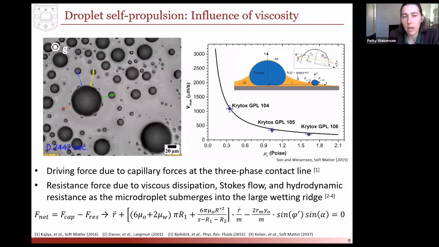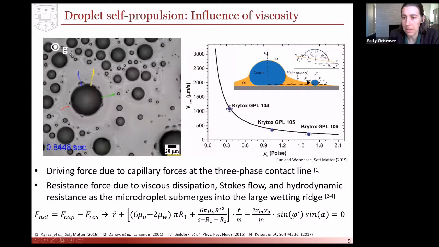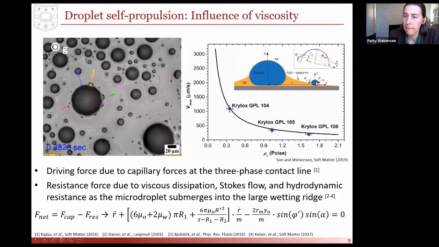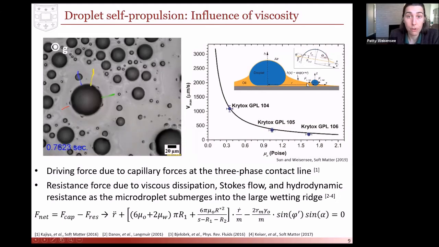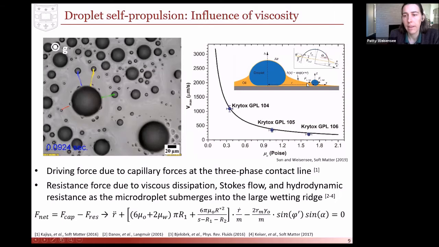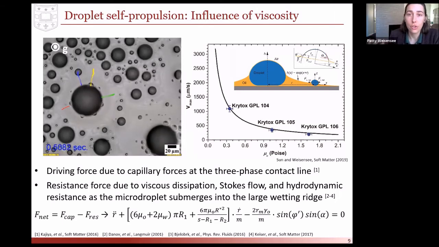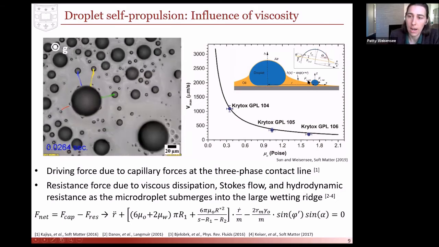And if we take our hypothesis and try to model that, so we say we have a small droplet sitting in the influence area of a meniscus around a larger droplet, it'll experience the capillary force towards the larger droplet. And then it'll have viscous dissipation, Stokes flow, and other hydrodynamic resistance to its flow towards the larger droplet.